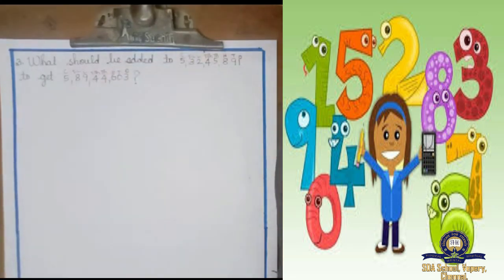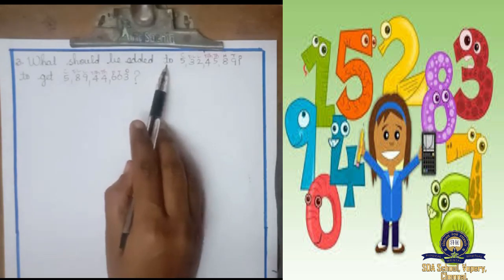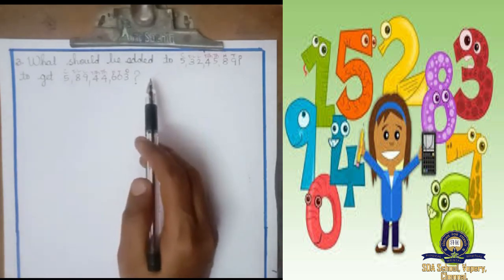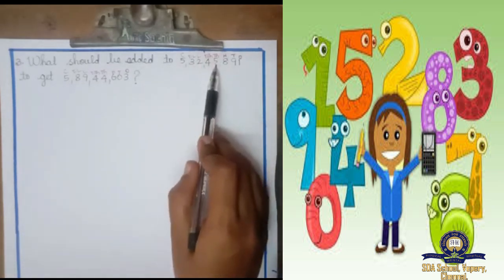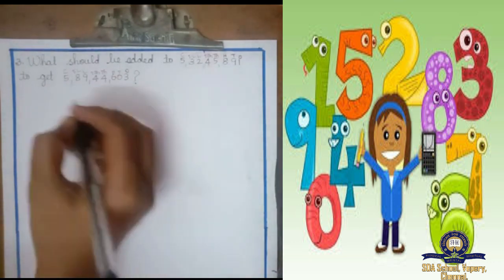These types of questions sometimes you may get into confusion, so you have to read twice. Once again, what should be added? What number should be added to this number to get this number? So let me take this number as the first number.